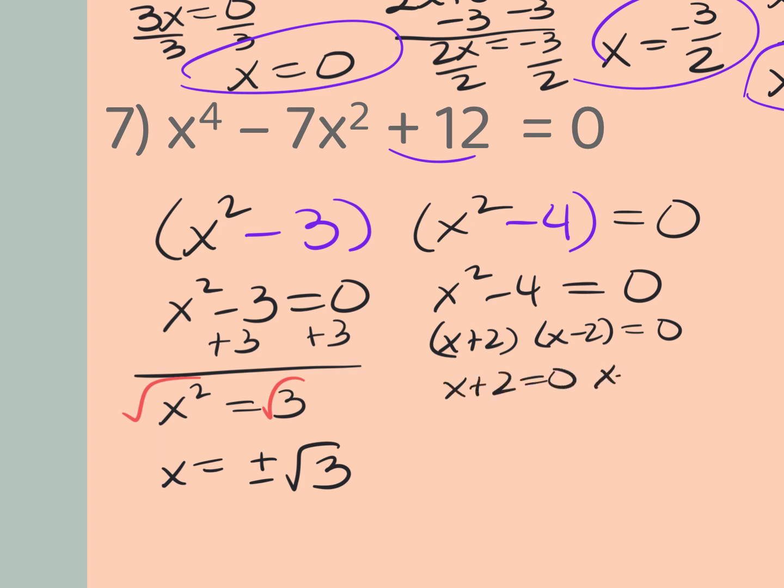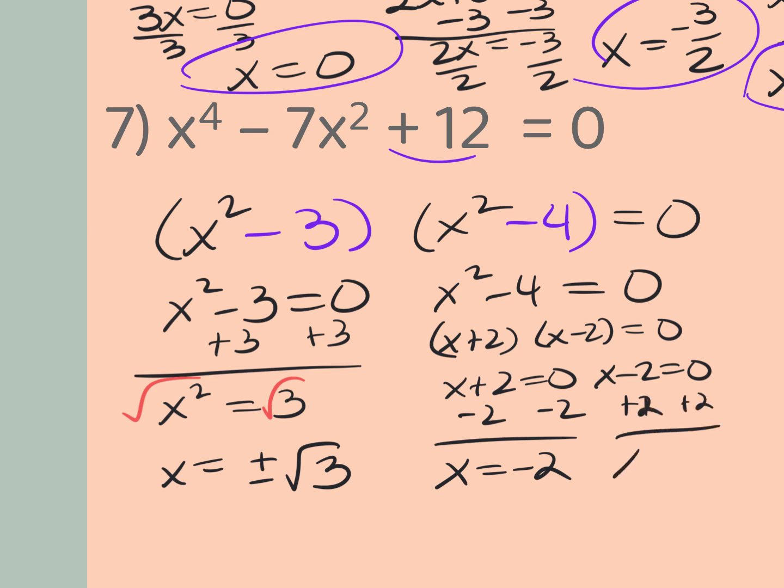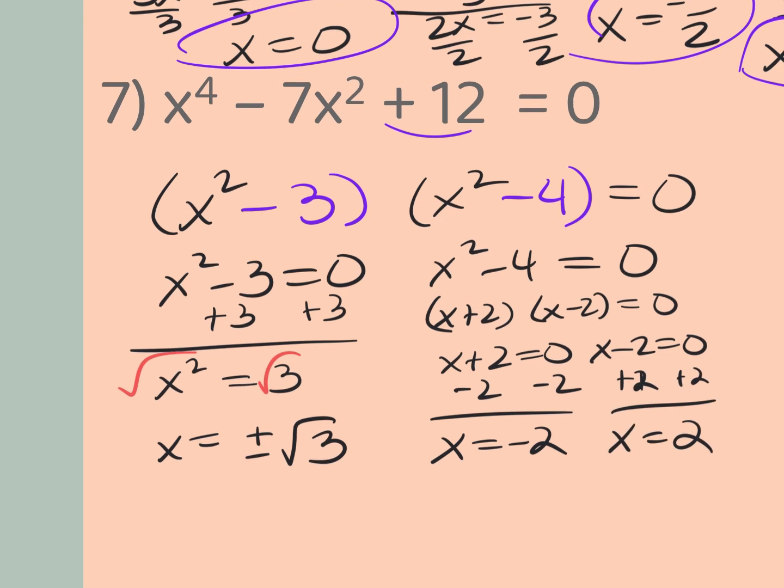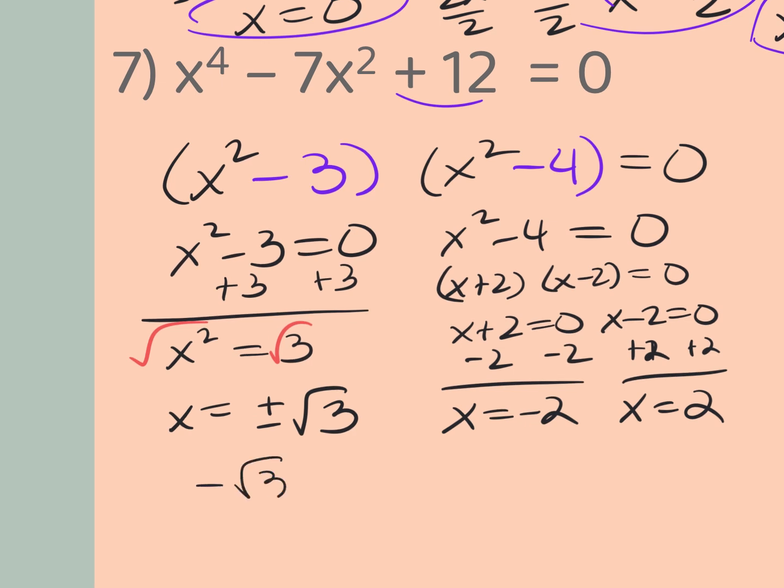It doesn't matter when it's the difference of two squares. So -2, x equals -2, add the 2, and x equals +2. So my four answers: negative square root 3, positive square root 3, -2, +2. And again, you're separating all the answers with commas when you enter them into WebAssign.